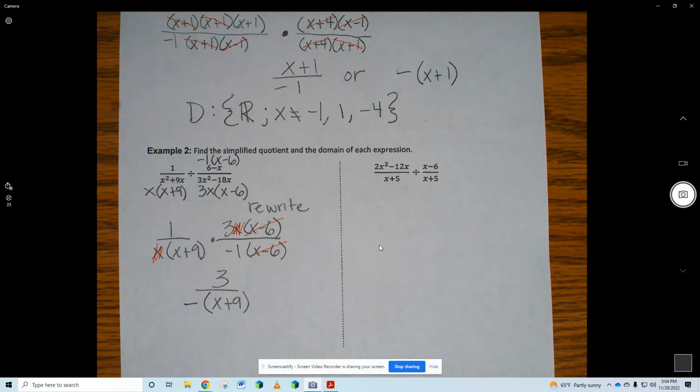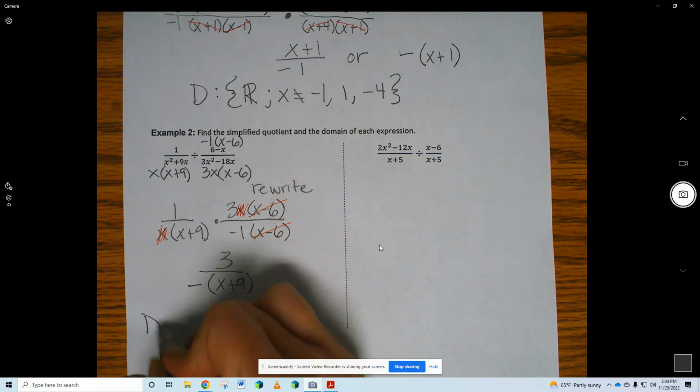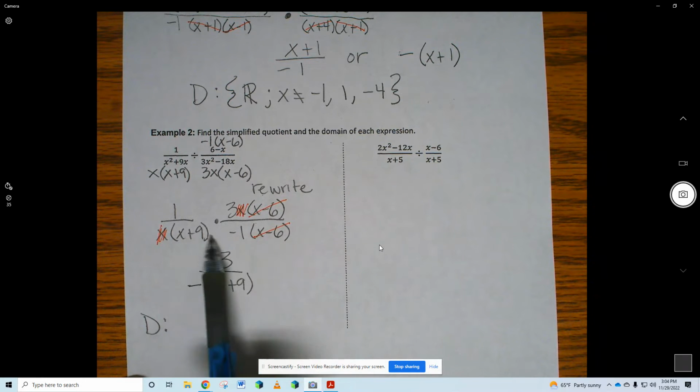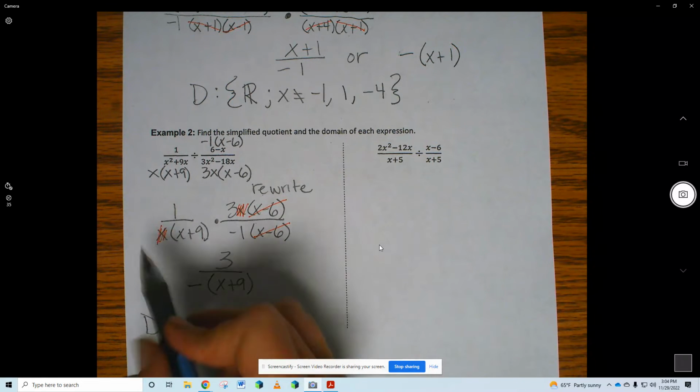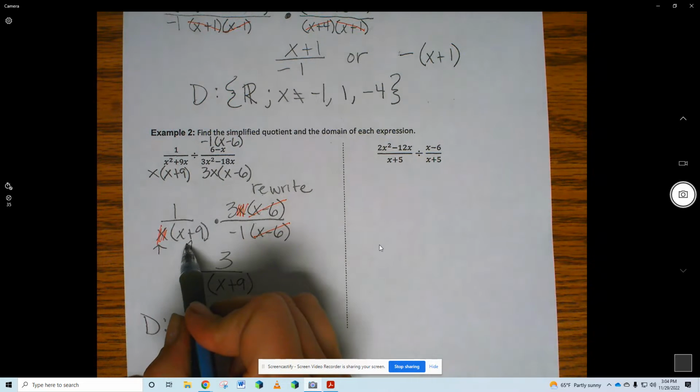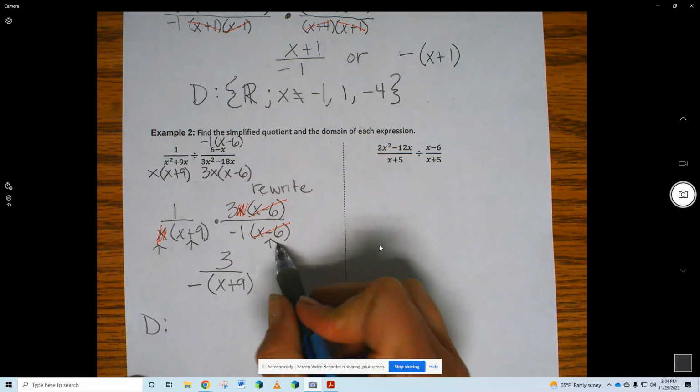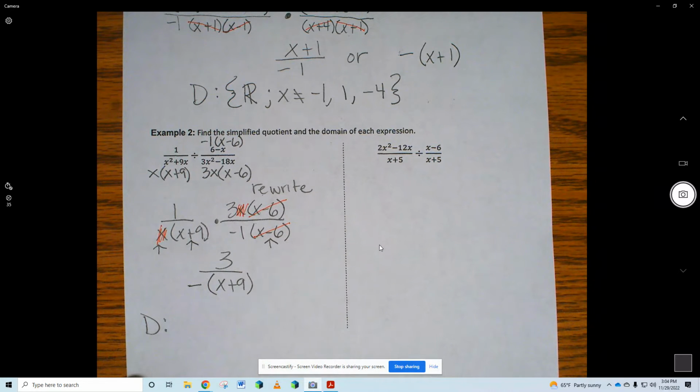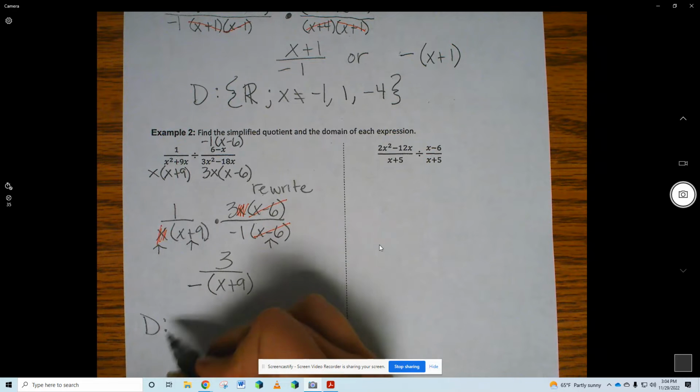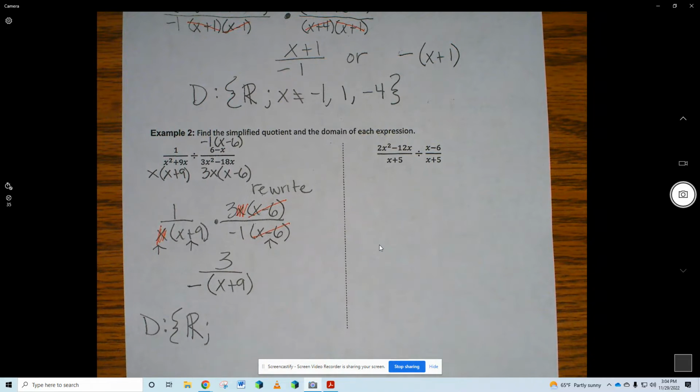Then I'm asked to state the domain. Go back to your original up here. Set that equal to 0, set that equal to 0, and set that equal to 0. There's 3 different things that I could set equal to 0, or you just write the opposite number. So any number in the whole world is going to work in the numerator.